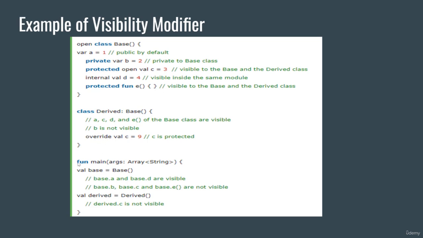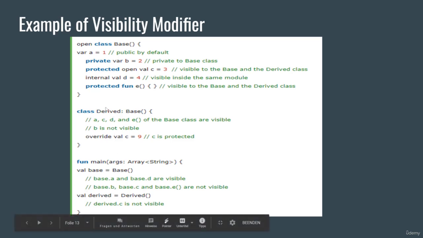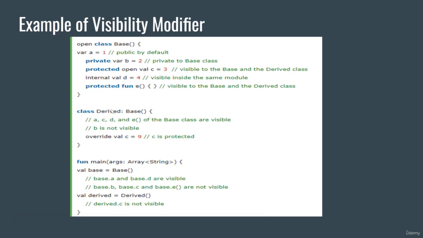Then we have our function main, and in there we have a base object, so we create an object of our base class, and we create an object of our derived class. All right, so when we try to access A and D, we can access them because A is public and D is internal, so it's visible in the same module, and we are in the same module in this example.